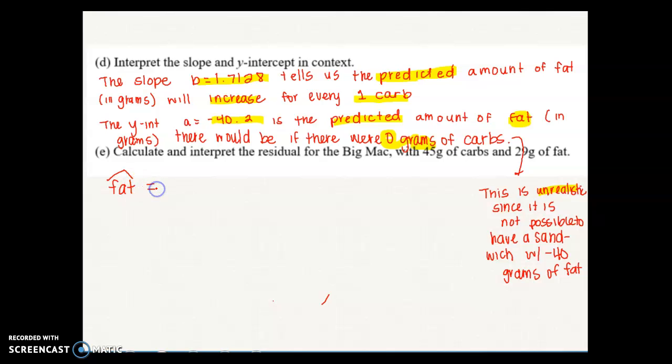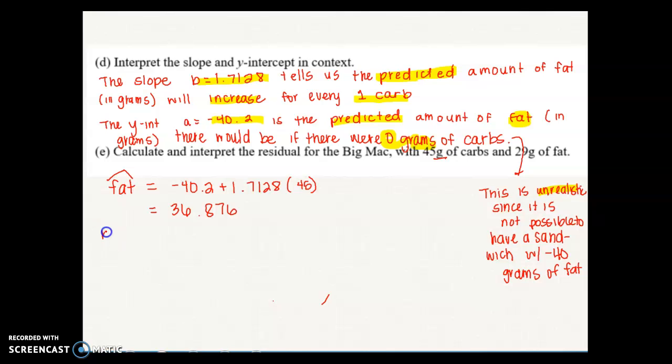Fat hat equals negative 40.2 plus our slope 1.7128, where 1.71 is fine, times how many carbs we have. So our predicted amount of fat in our Big Mac would be 36.876.